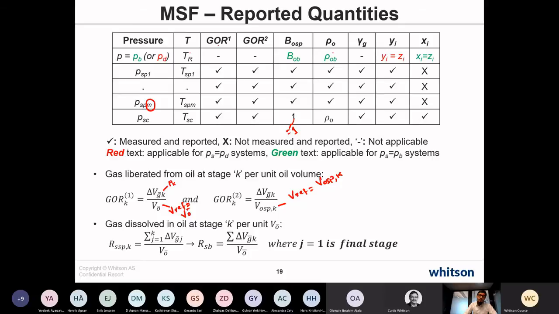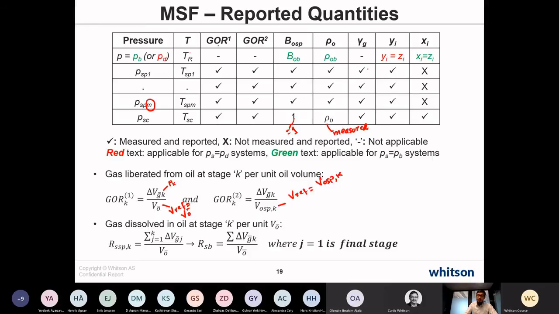For the dew point there will be no oil density, because we will have only the gas density at the dew point. We will have the oil density at all these pressures; the stock tank oil density is measured, and all the densities at higher pressures are usually calculated from the material balance that we will see later on. So this is the only measured density usually in a separator test or even in the DLE test.